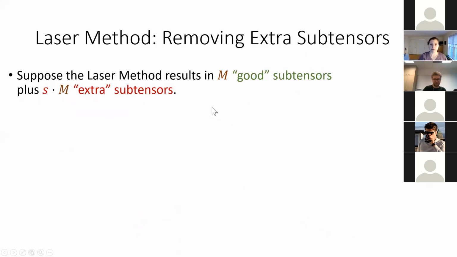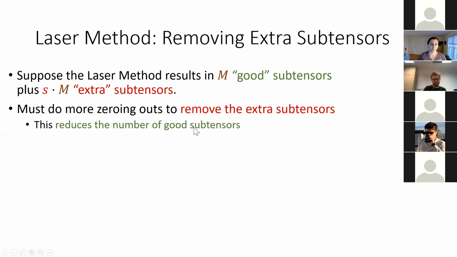So here's the difference between what the laser method used to do and what we do. Suppose the laser method has these good subtensors that we want to keep. They're disjoint and they're matrix multiplication tensors. And there's some extra noise, which let's say is S times larger. So you have M good subtensors and S times M extra subtensors.